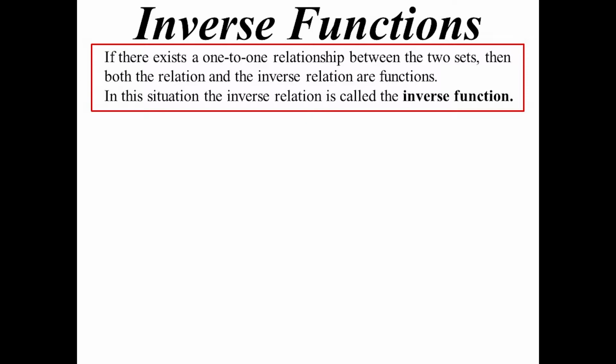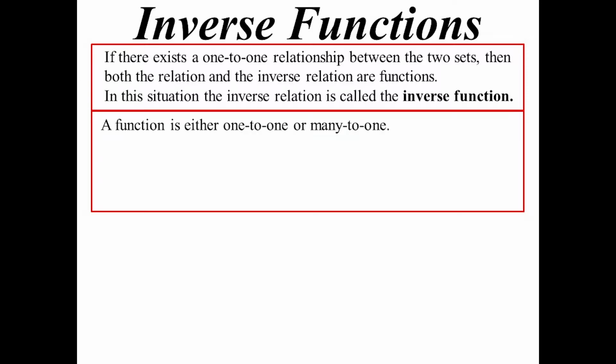So basically, if that inverse relation satisfies the rules for a function, that's what we're really saying. So we know a function will either be one-to-one or many-to-one, because we said for any input, a maximum of one output to be a function.